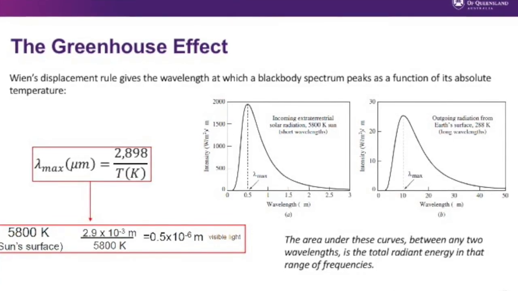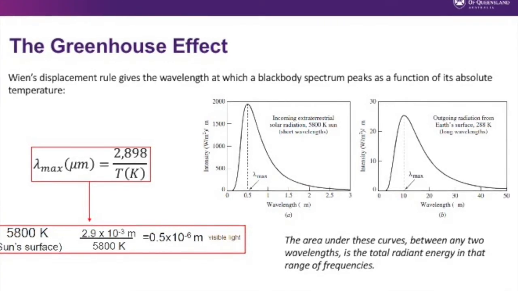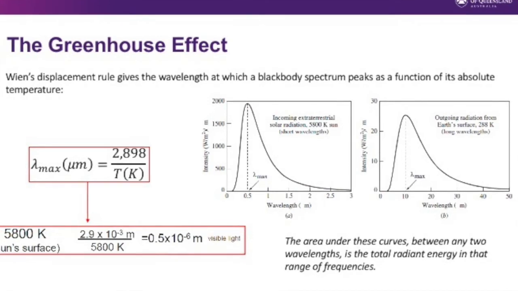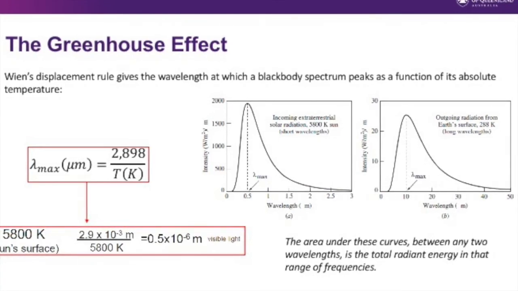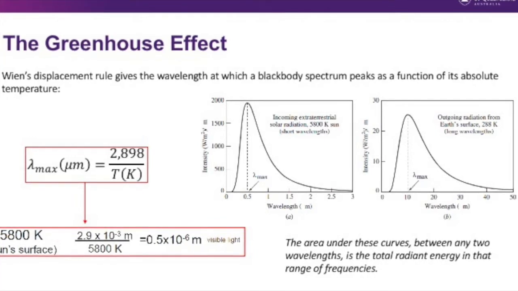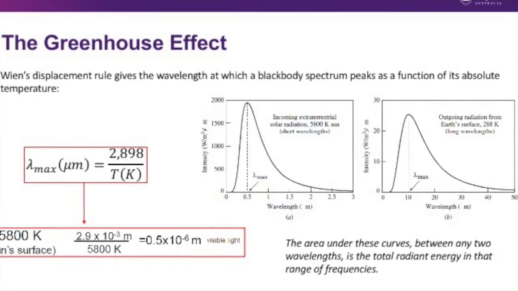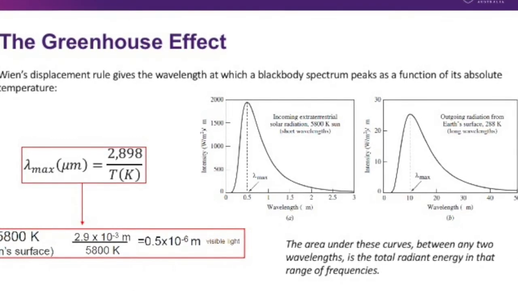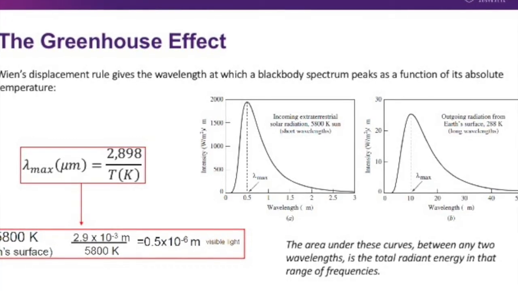The area under this curve between any two wavelengths is the total radiant energy in the range of frequencies. So, for example, the area under the curve of incoming solar radiation just outside the atmosphere is the total solar radiant flux, which is 1,370 watts per square meter that we discussed in our last session.